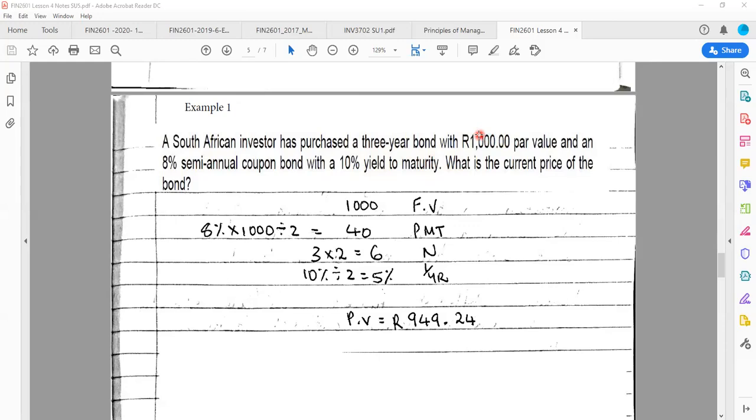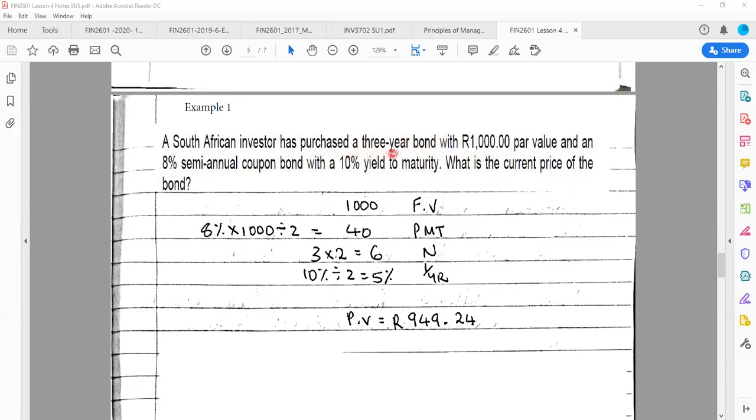So this investor might hold 50 of these contracts, meaning that they are going to get 50,000 rand after 3 years, right?